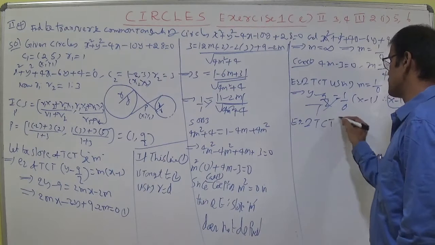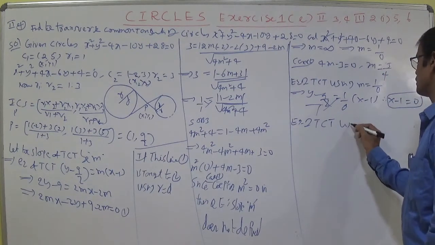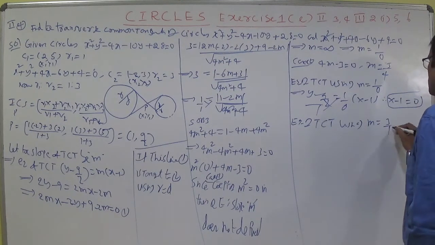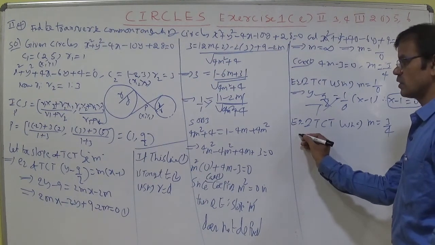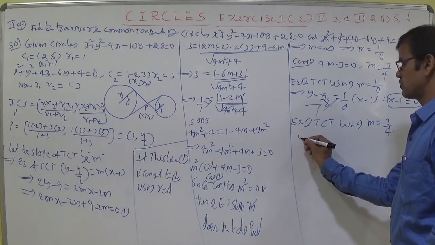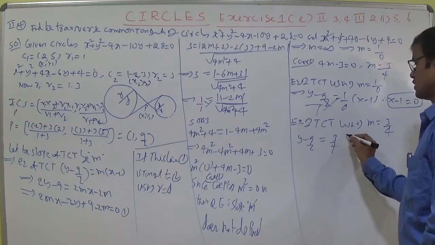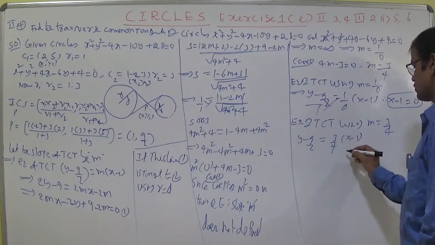Equation of TCT I am writing, using m is equal to 3 by 4. It is direct only. You can write y minus 9 by 2 is equal to 3 by 4 into x minus 1.